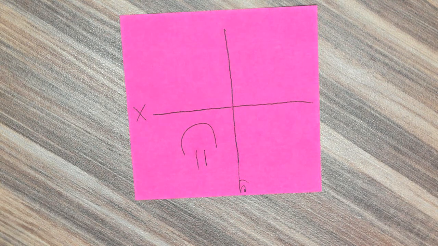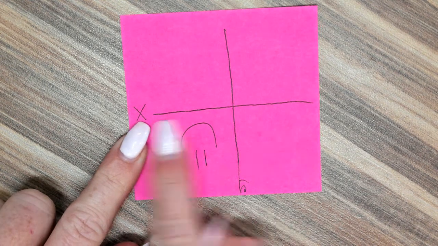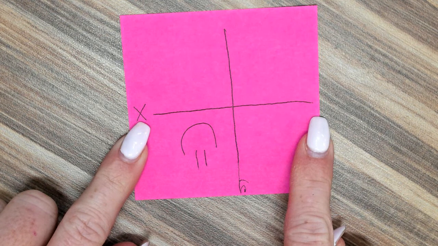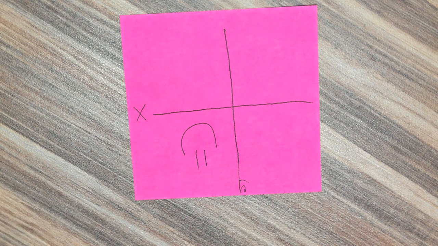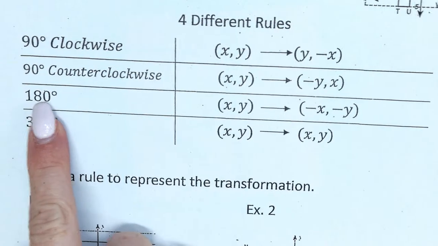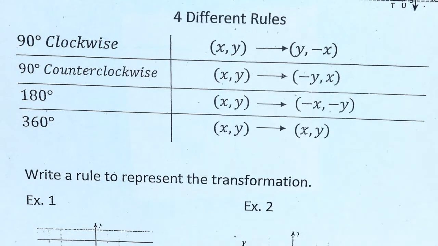Did the x and y axis switch spots? No, they did not. The x-axis is still the x-axis. Does that make sense? They just both became negative. So they did not switch spots. So it's going to be negative x, negative y. So let's look. 180 degrees, negative x, negative y.